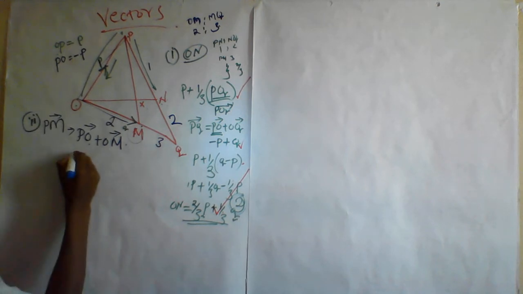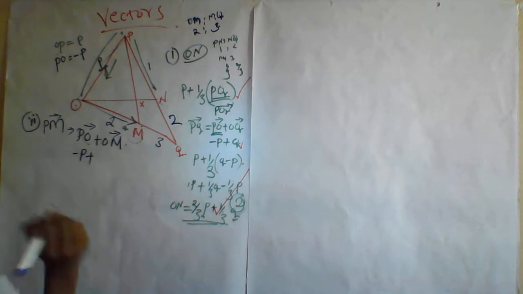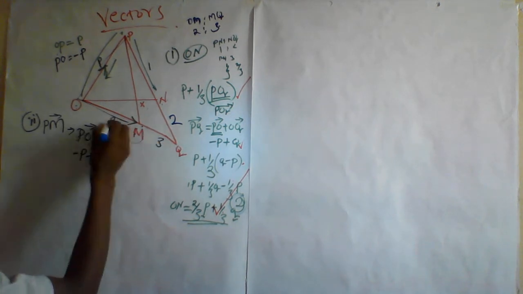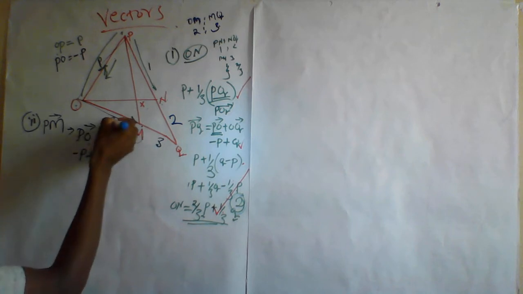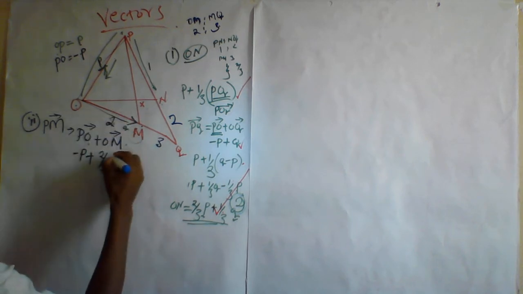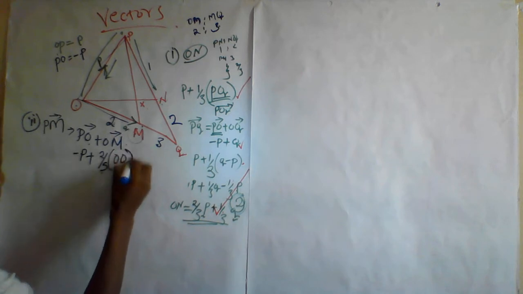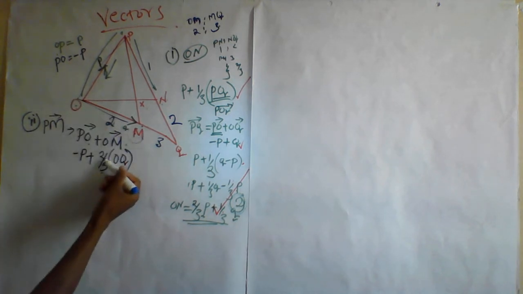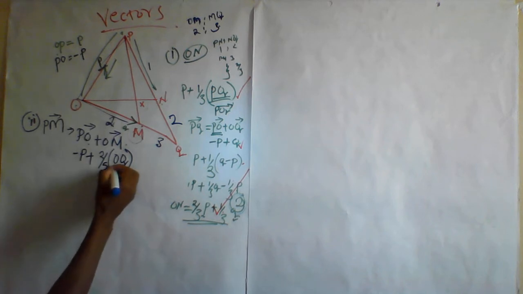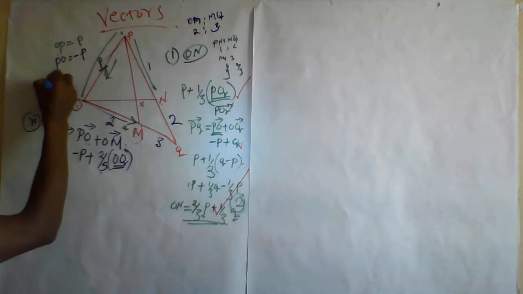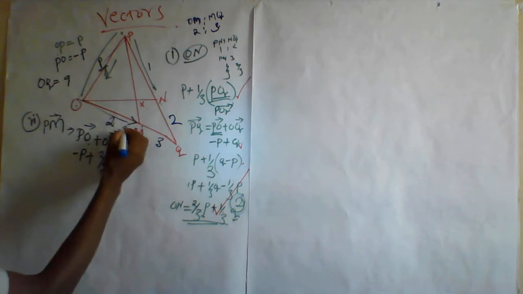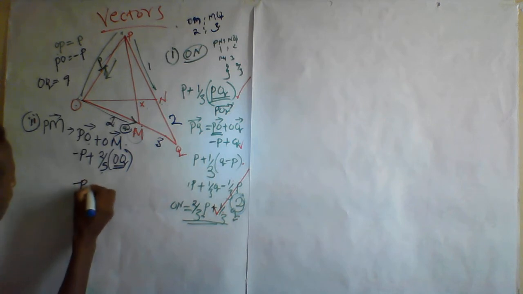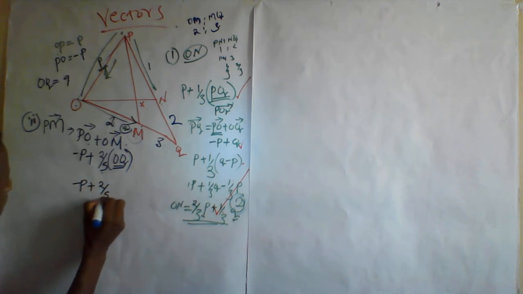So here we have negative P plus OM, which is 2 over 5 of OQ. Then OQ, we're told from the question, is Q. Are we together, student? So it becomes negative P plus 2 over 5 Q.